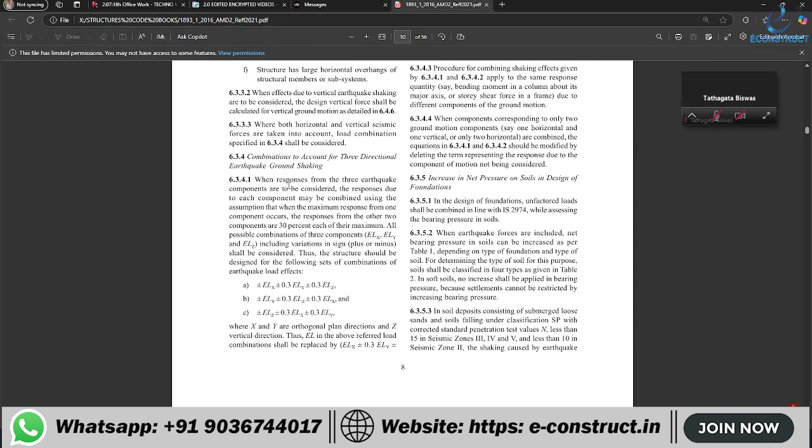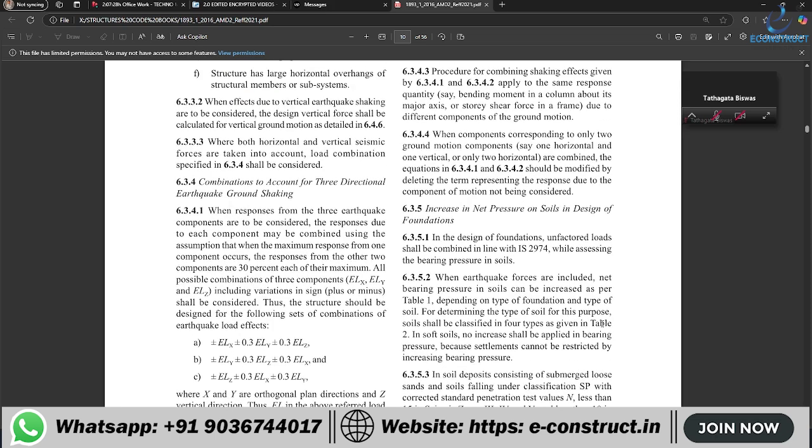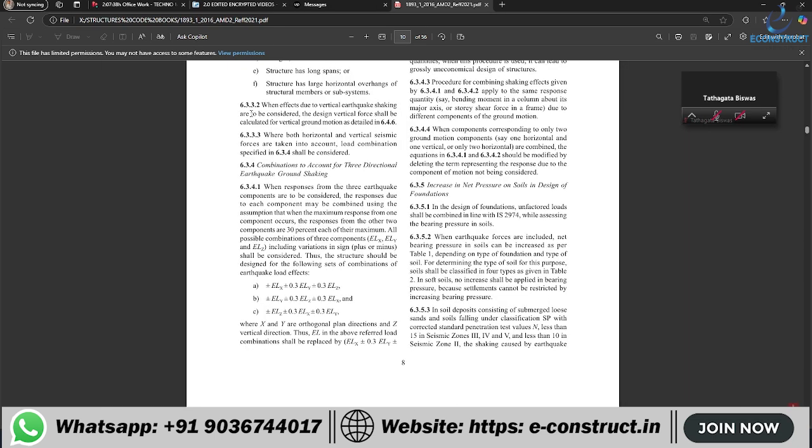Can you see? Yeah. When effects due to vertical earthquake shaking are to be considered, the design... Yeah, it's not visible. It was moving actually.